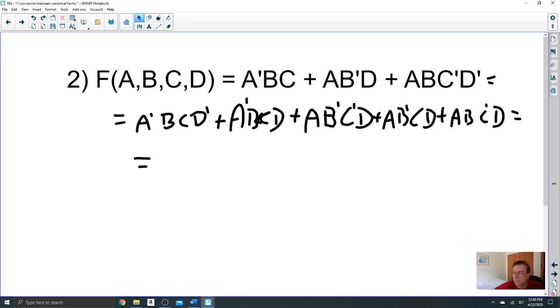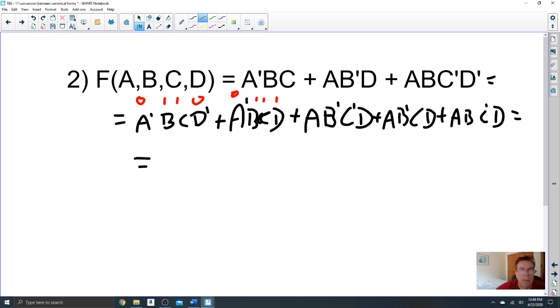This minterm is minterm 6. Why do I know it's minterm 6? Because I know that I have to put 0 when the variable is primed. That's for minterms. For maxterms, it's opposite. 0, 1, 1, 0. And this one is 0, 1, 1, 1.